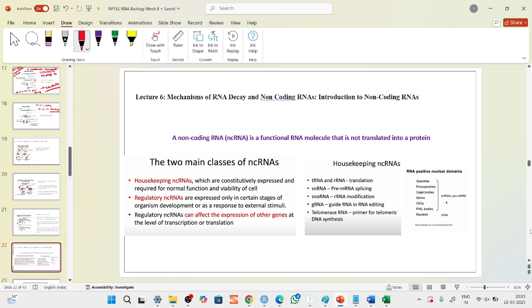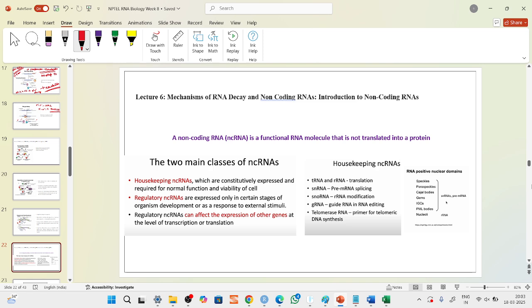So which RNA type codes for a particular amino acid? Can anybody tell? The RNA that codes for particular amino acids are the mRNAs. mRNA only codes for a particular amino acid. The rest all help in the translation process, but they do not code for a particular amino acid. Could you understand the difference?